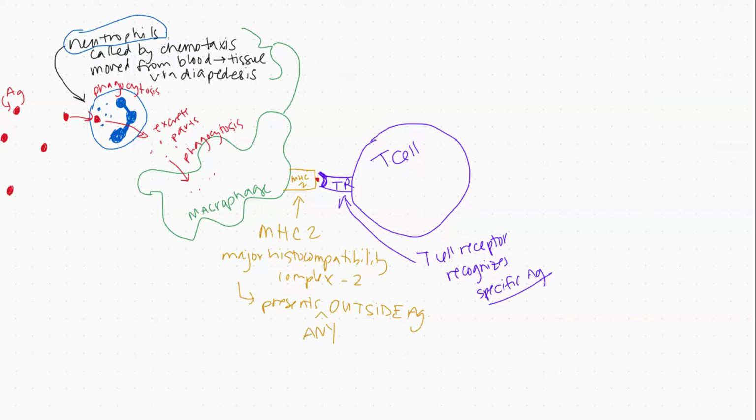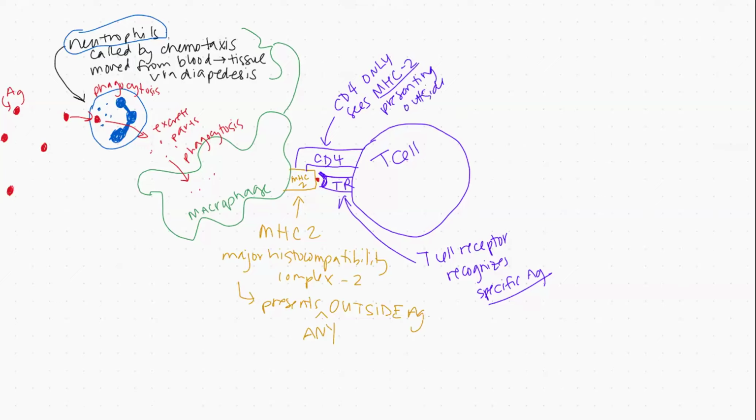So now our T cell receptor over here is seeing that, and it has a molecule on here that we mentioned just a second ago, which is CD4, and that CD4 only sees MHC2 presenting outside antigen.